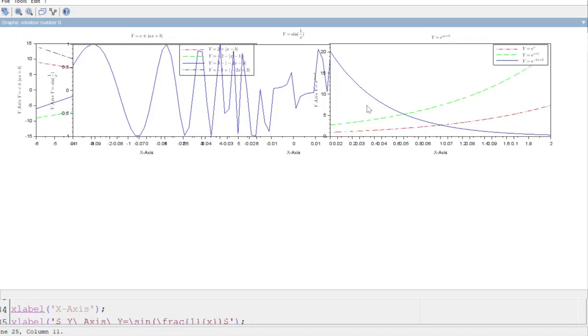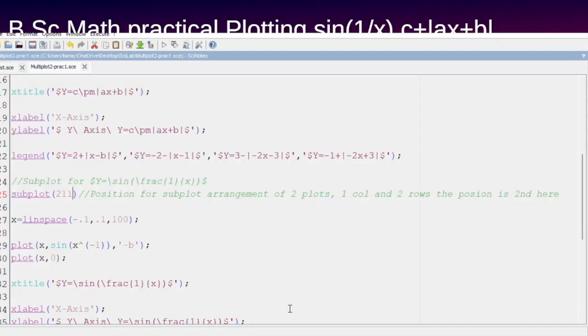So all graphs are plotted over each other. That's why I have given different positions. You can try different numbers, how many columns, how many rows you want to define the subplot area, and what orientation you want. According to your choice you can do that.